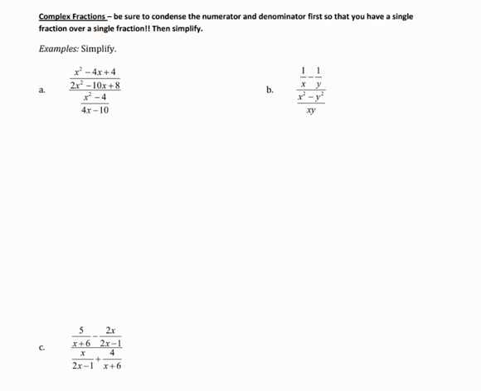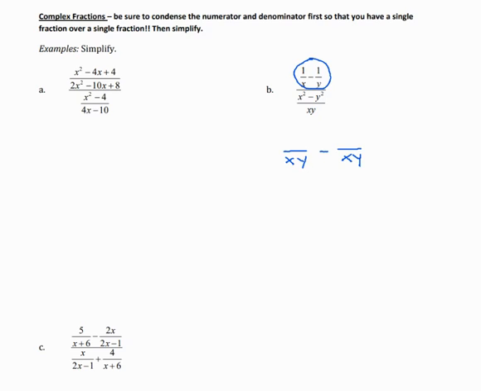So for B, what we need to first focus on is this guy. That is not a single fraction. So I need to use my adding and subtracting rules. Those are not common denominators, so I need to make a common denominator. That means the common denominator will be xy, right? One has an x, one has a y, so our common denominator is xy. Now we have to adjust our numerators.